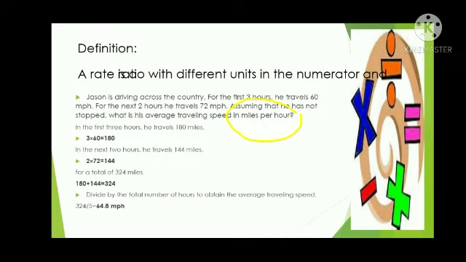Since we have the initial time of 3 hours relative to the rate of 60 miles per hour, and we also have the additional 2 hours relative to the given rate of 72 miles per hour. In the first 3 hours muna tayo, he travels around 180 miles. Paano natin makukuha yung 180 miles?